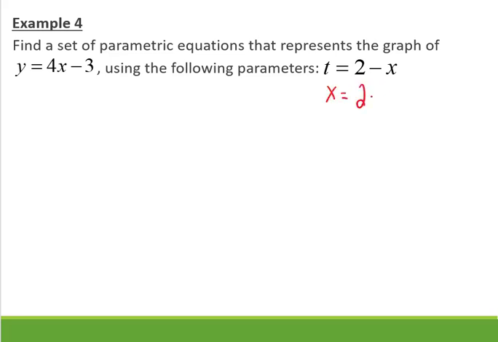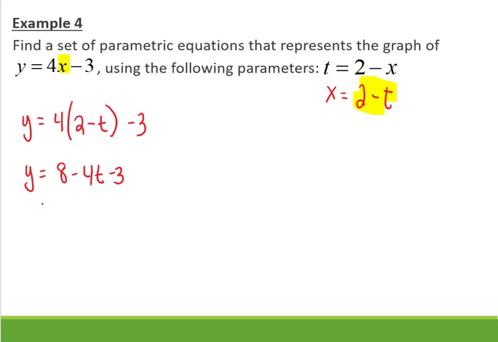Now I know that x equals this, so if I substitute in here for x, I get y equals 4 times (2 minus t) minus 3. I get 5 minus 4t, so now I have a y equation and an x equation, and that's what I needed.